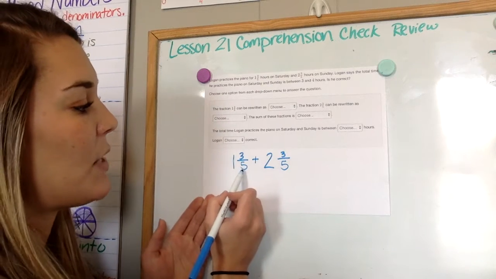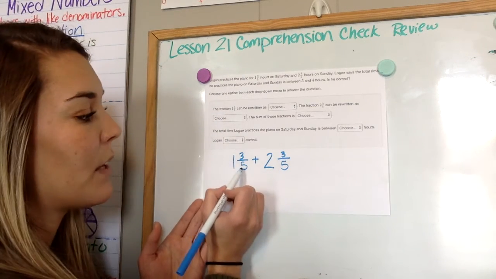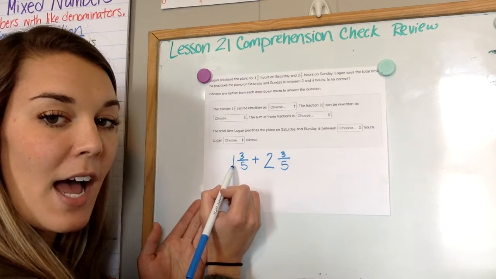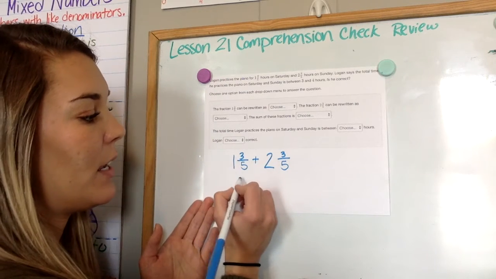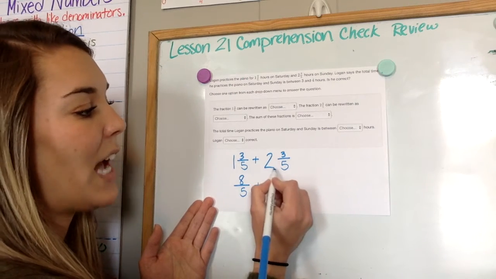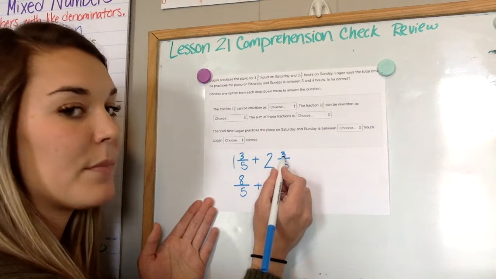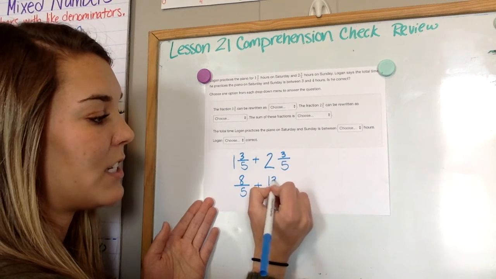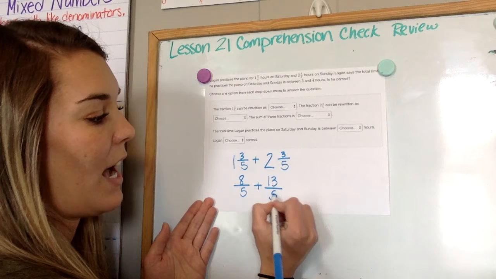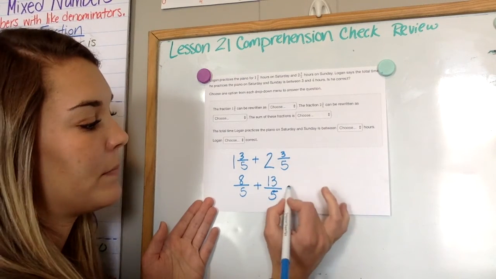So we need to figure out the improper fraction of both of these. So here's what we do. 5 times 1 is 5. Add the 3 is 8. 8 over 5 plus 5 times 2 is 10. Add the 3. 10 plus 3 is 13 over 5. Okay, let's solve it while we're at it.